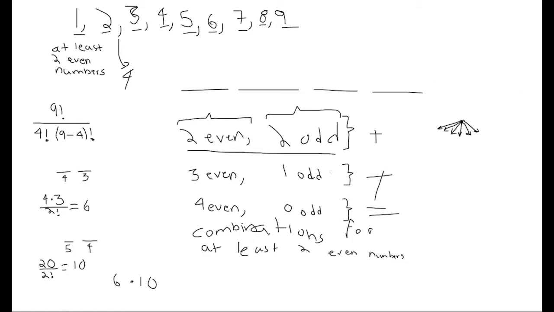So to get the total number of combinations for picking out 2 even numbers and 2 odd numbers, we're saying that because we have 6 possibilities for picking out even numbers, at the end of every single one of those paths, we can take 10 different paths after that, because there are 10 different options for picking a set of odd numbers.